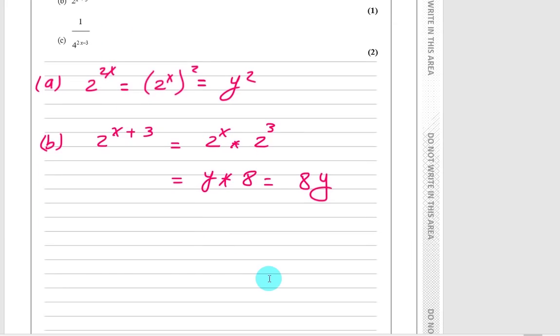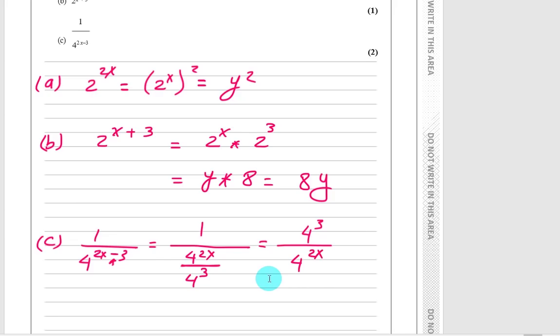Let us go ahead to c. 1 divided by 4 power (2x minus 3). So it equals 1 over 4 power 2x divided by 4 power 3. So it equals 4 power 3 divided by 4 power 2x.